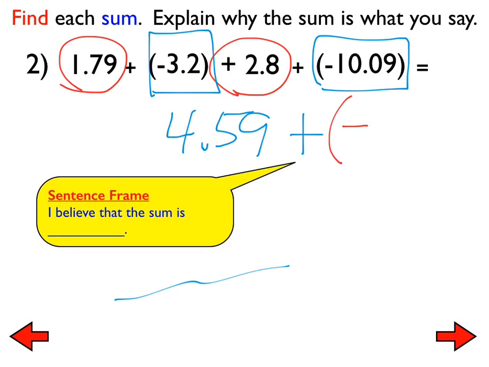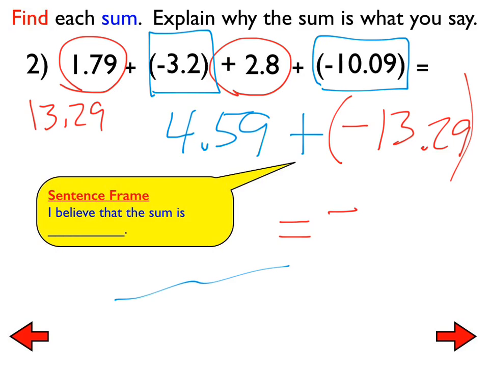So we have 13.29 negatives. Okay? Do we have more positives or more negatives? More negatives. So we have 13.29 negatives, only 4.59 positives, and then from there we need to figure out how many more negatives we have than positives.